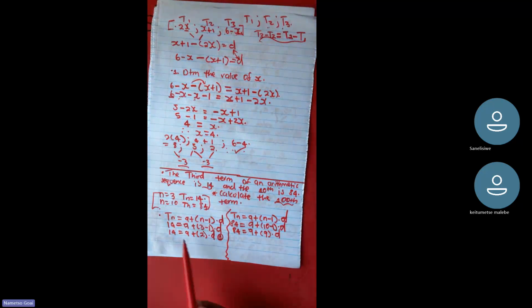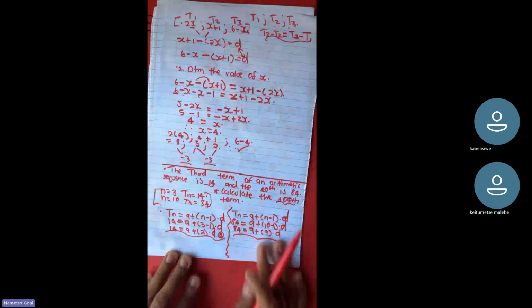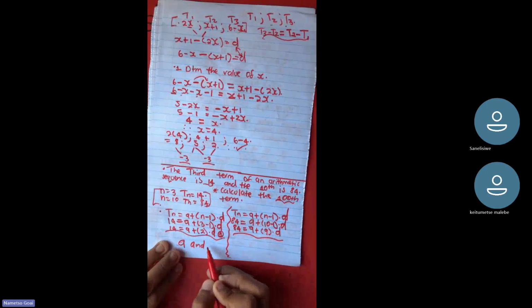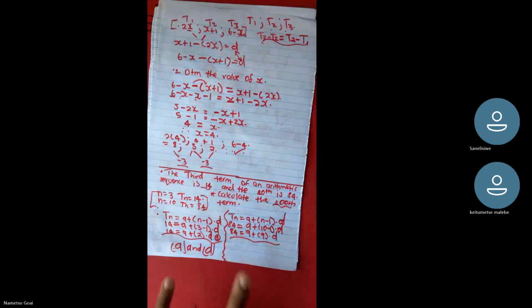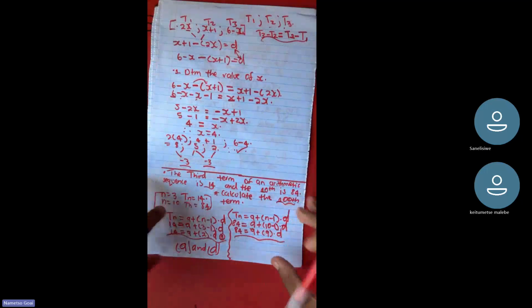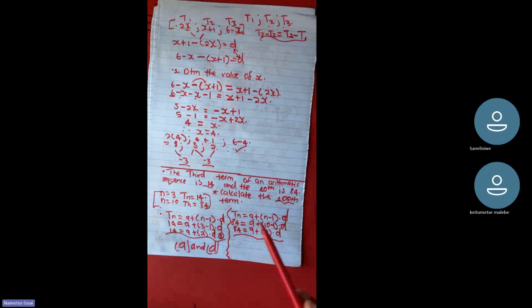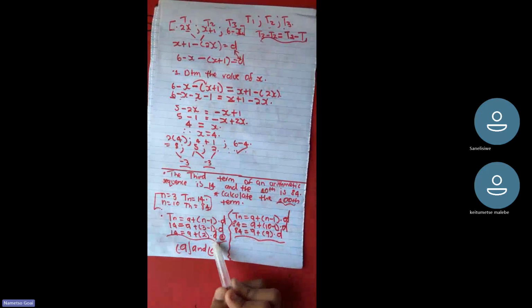So when you look at it like this, you can tell that from both equations, we have two unknowns, which is what? A and d. These are our unknowns. They're telling us that from whatever we've given you, we want you to calculate the 100th term. But we cannot calculate what the 100th term would be if we don't know what our A and d are, right?